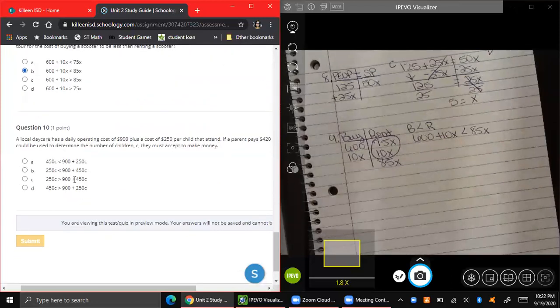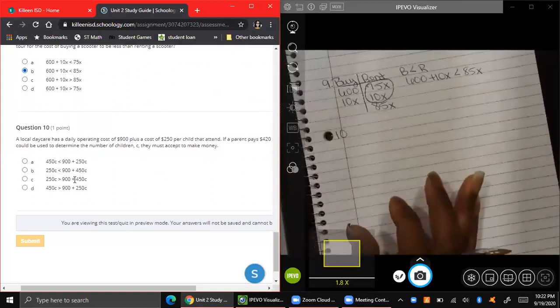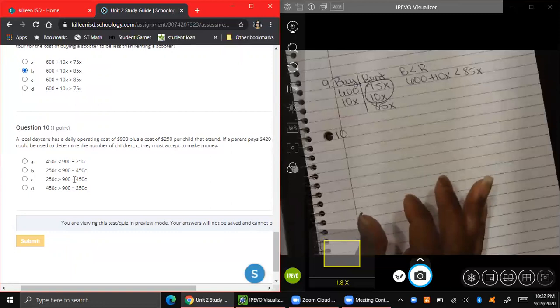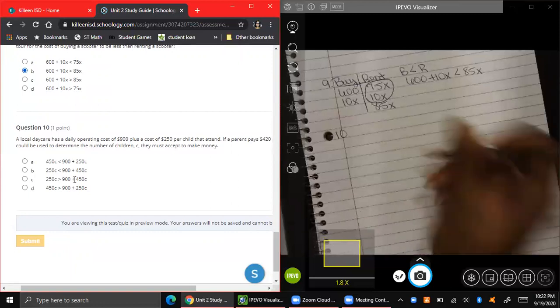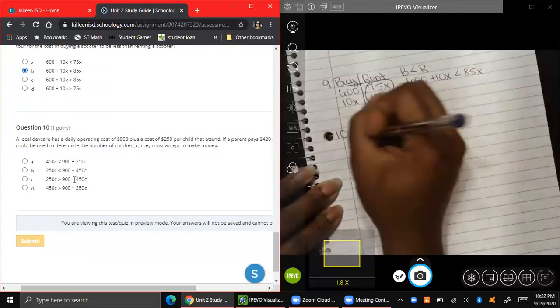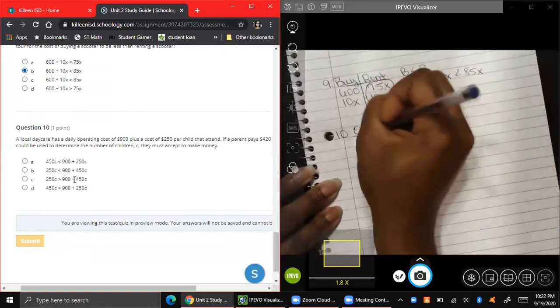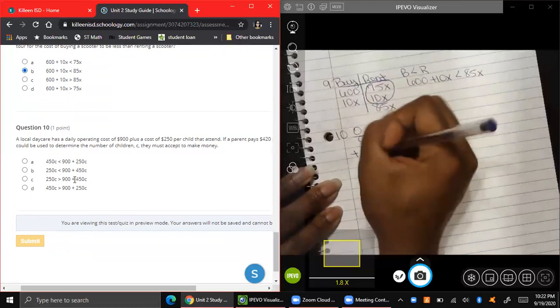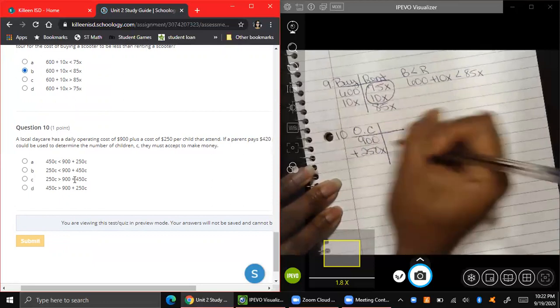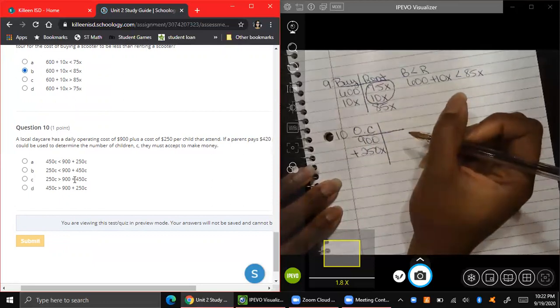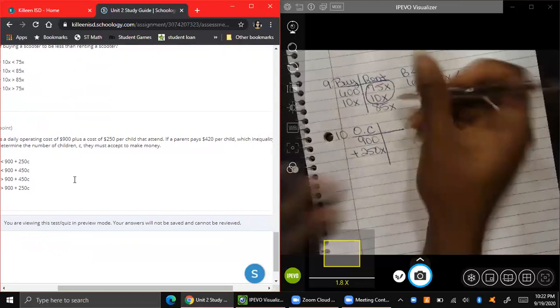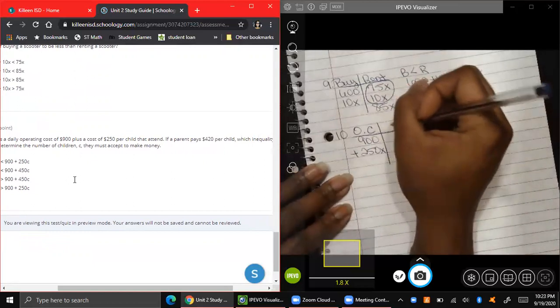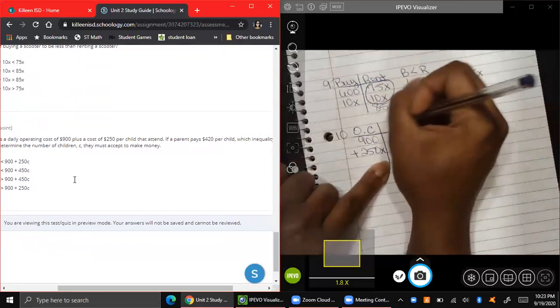Okay, and lastly, number 10 says a local daycare has a daily operating cost of $900. So we have operating cost of $900 plus $250 per child. If a parent pays $420 per child, so this is the cost, and then this is the money that he's making.